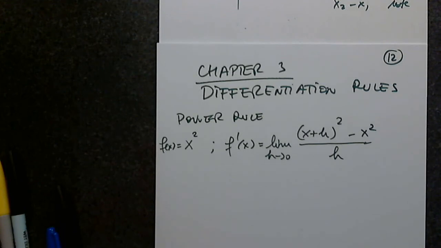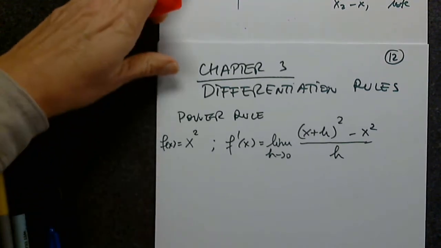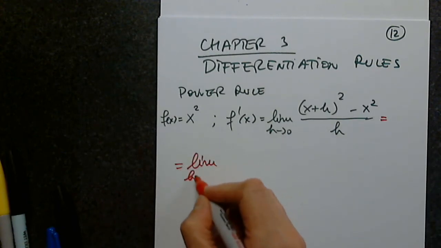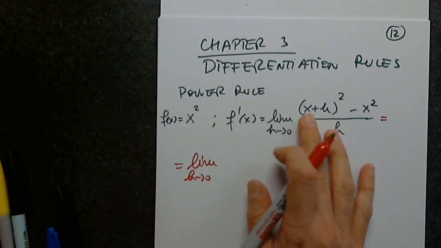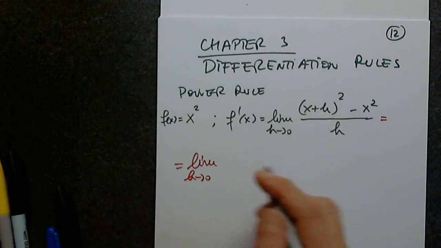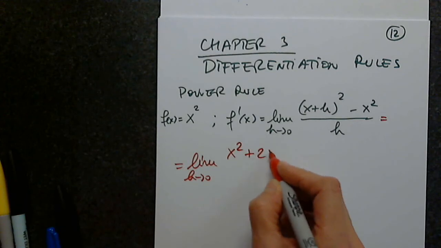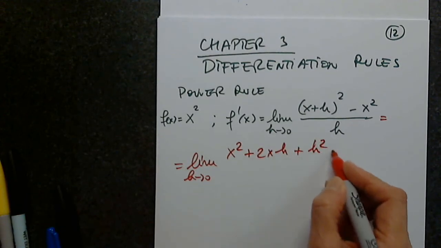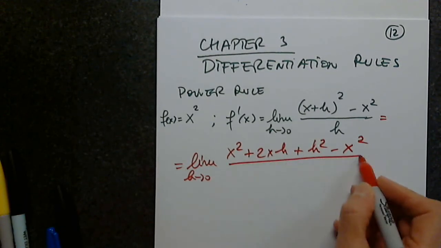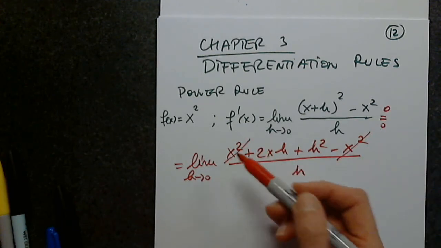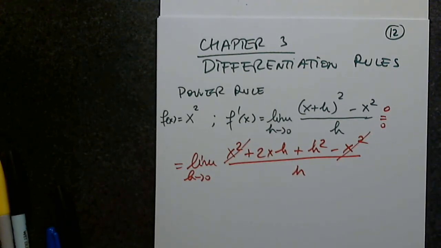So far, so good? Expanding, I have x² + 2xh + h² minus x², divided by h. Of course, it's 0 over 0.